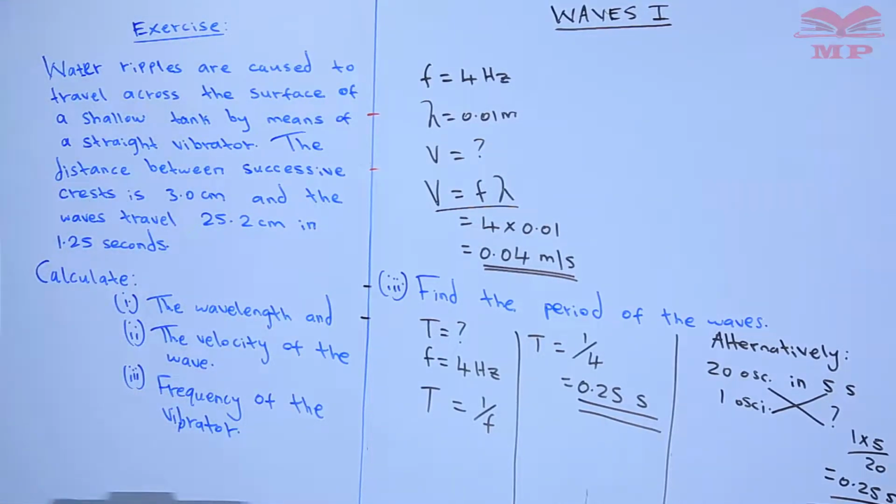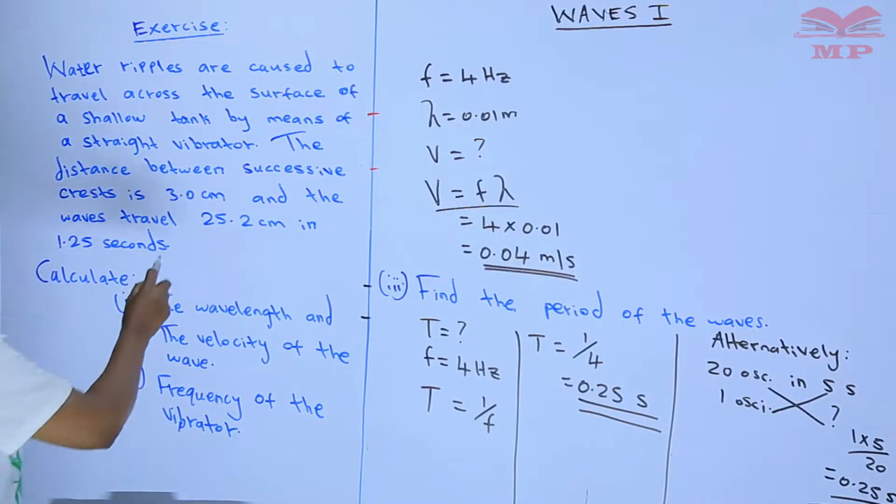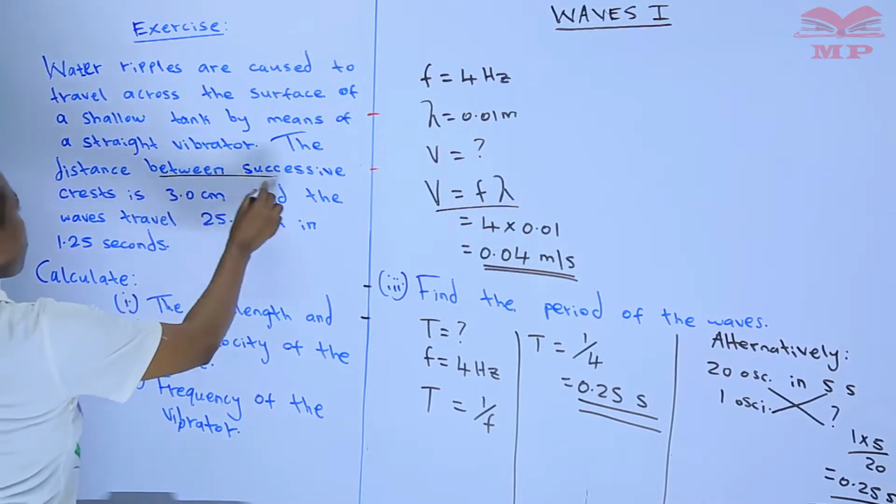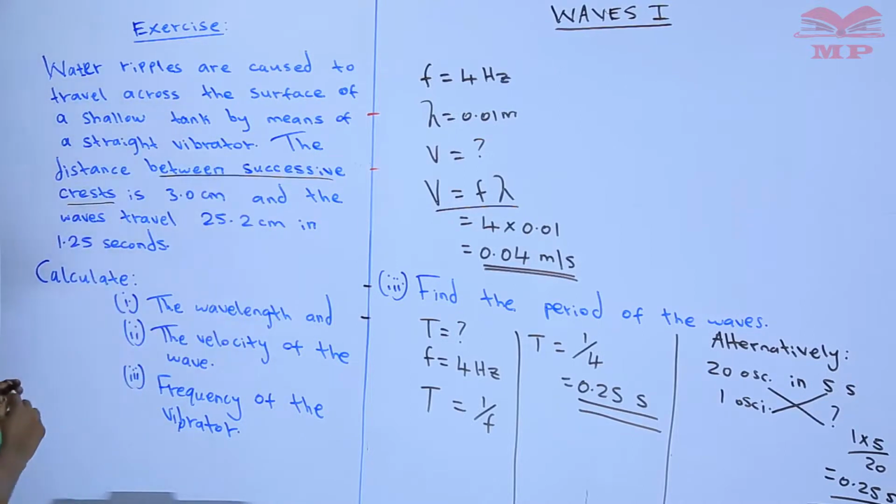So here is the question. Water ripples are caused to travel across the surface of a shallow tank by means of a straight vibrator. The distance between successive crests is 3.0 centimeters. So you need to note something about that distance: the distance between two successive crests is the wavelength.